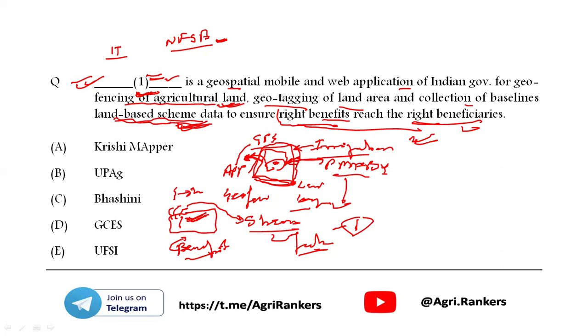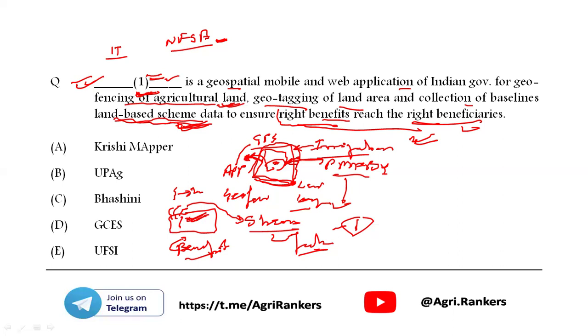But there are some people who don't own land and are not eligible, yet they are getting benefits. They are bogus beneficiaries. These kinds of things can be eliminated. So this app ensures the right benefit to the right beneficiaries, and also communication of the benefits which are not being availed by the farmer due to lack of awareness, or there might be some other reasons.